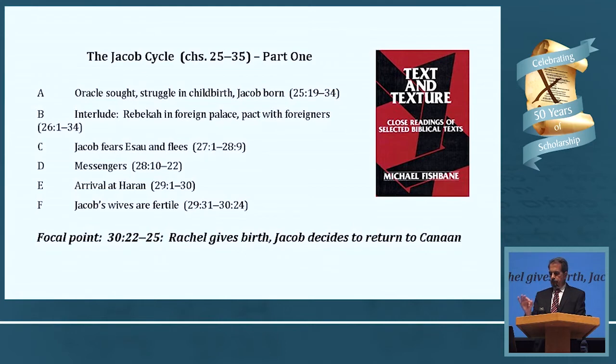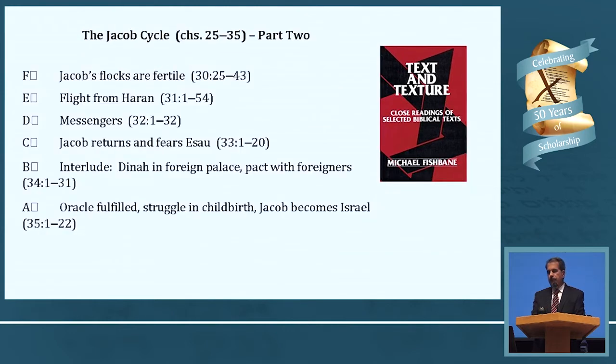When she gives birth, in chapter 30, verses 22 to 25, her giving birth to Joseph leads to Jacob's decision to return. Remember, he fled Canaan to go live with his uncle Laban in the land of Aram, and then he makes the decision to return to the land of Canaan, the promised land. That's the focal point where the whole story turns, units A through F, and then F prime through A prime, and you see it all laid out for you in the handout.